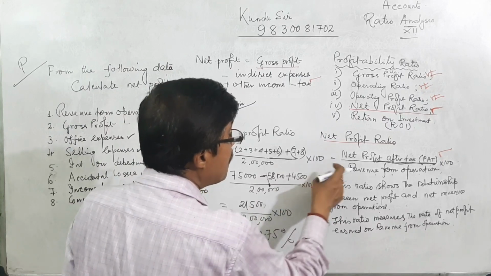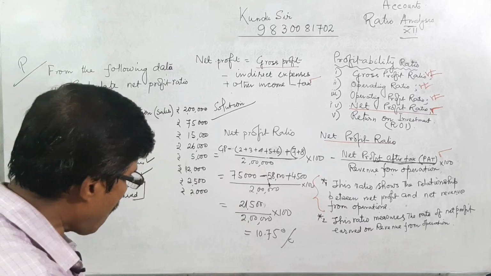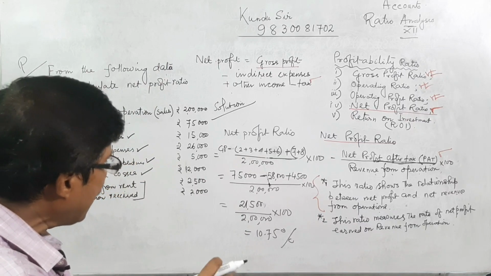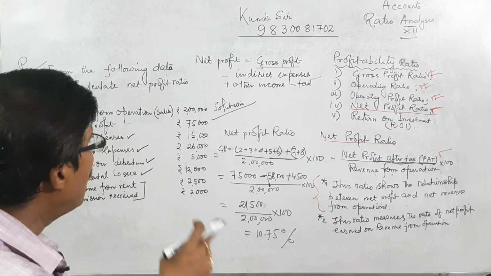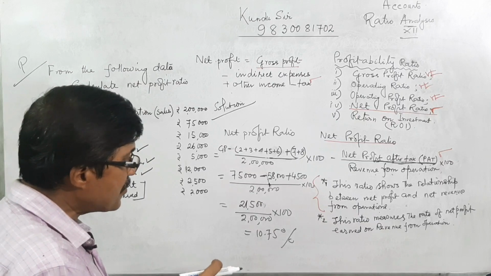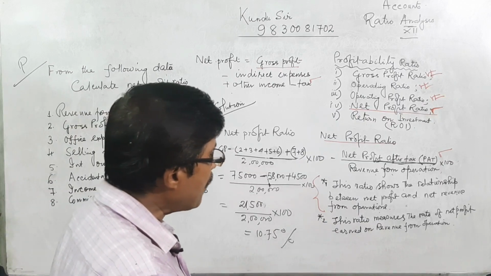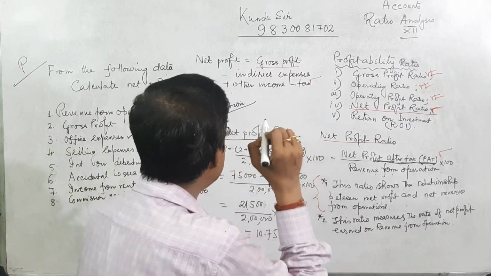Total revenue from operation into 10.75% equals the profit of this organization. That means 10.75% of revenue from operation is the net profit ratio.